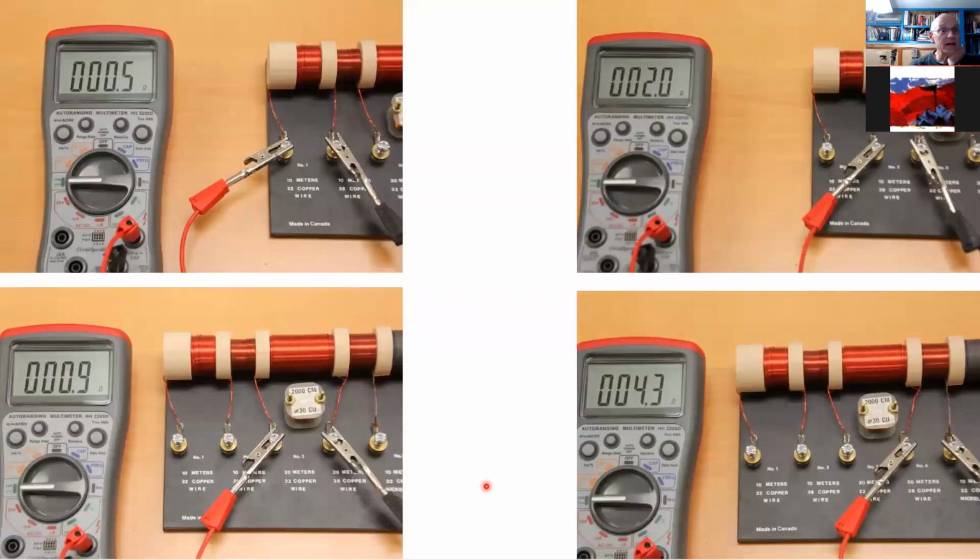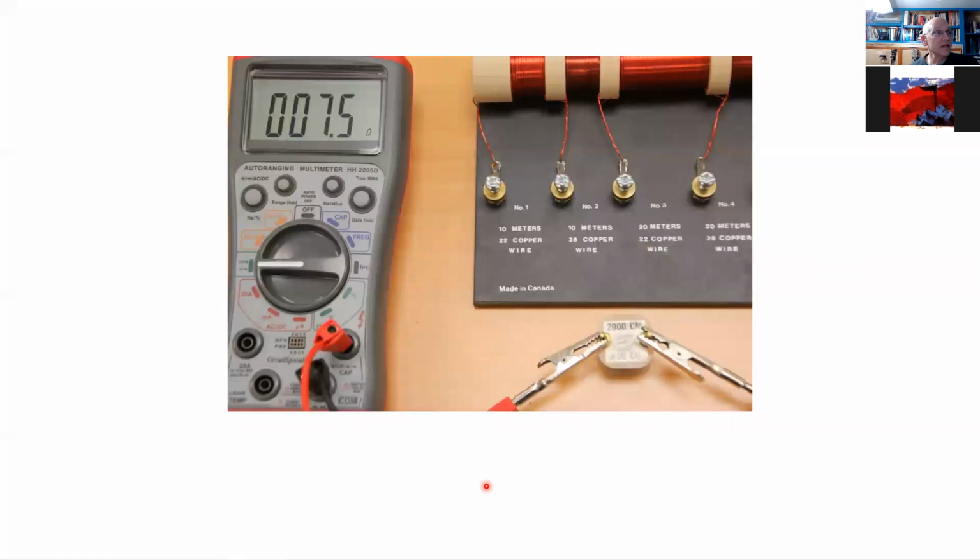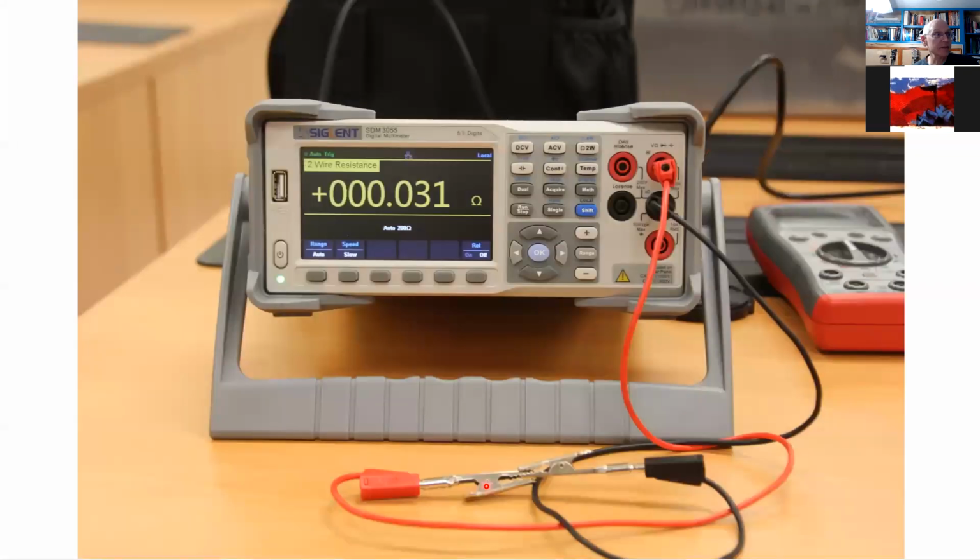And then I do the same thing with the other coils, the 4 coils that I've got there, at least with this ohm meter. I also did it with the 2000 centimeters of the number 30 copper wire. And so got that one done.